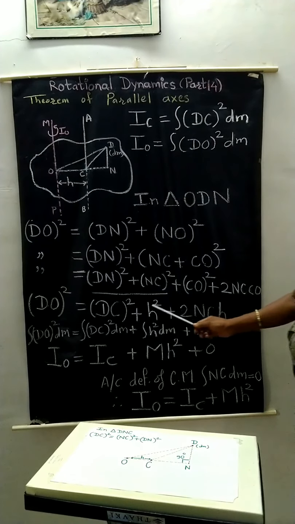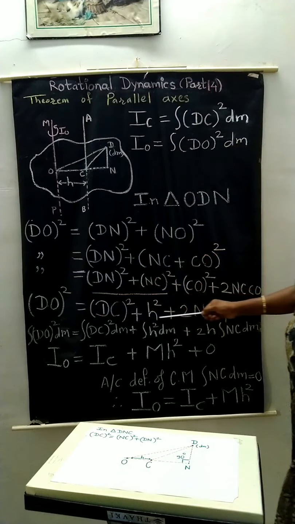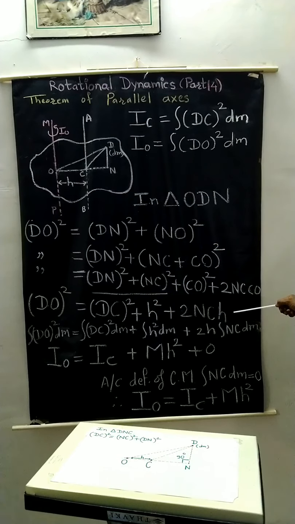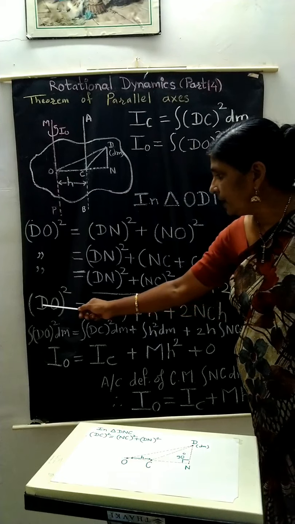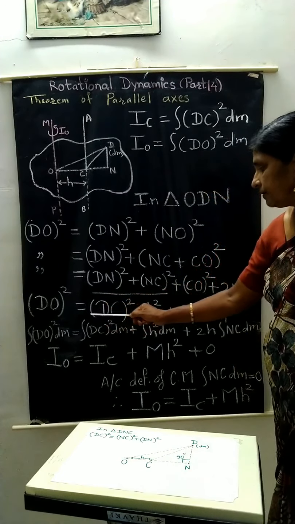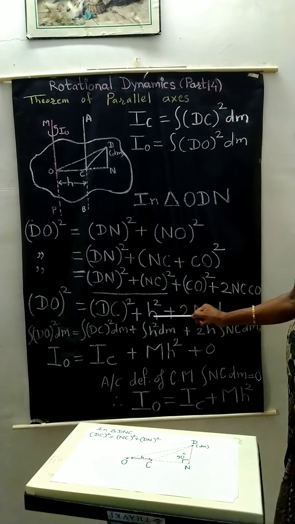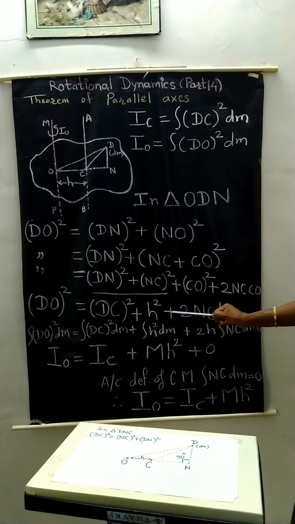Now what we have to do is multiply this equation by dm. It will be dO square dm is equal to dC square dm plus H square dm plus twice NC H dm.